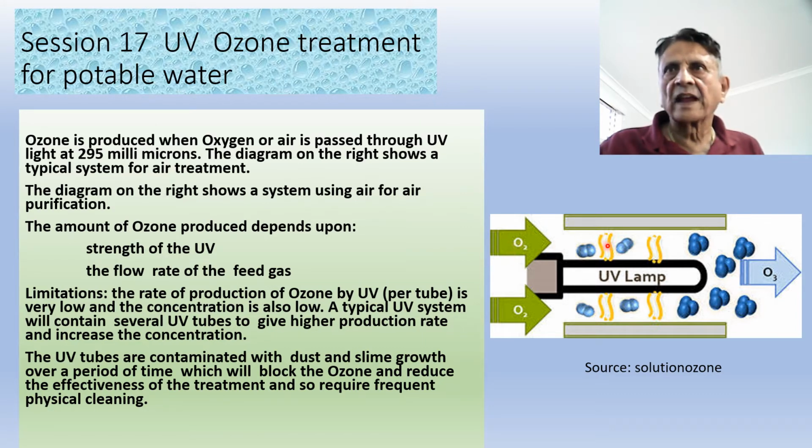As the air or oxygen passes through the lamp, the UV will break down the oxygen to atoms and recombine to form ozone. This diagram is a picture of an ozone generator that is used to treat the air.